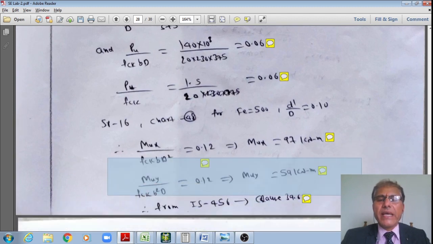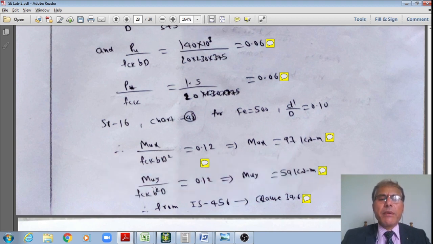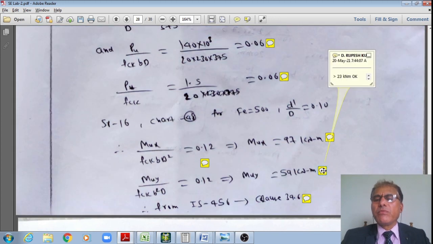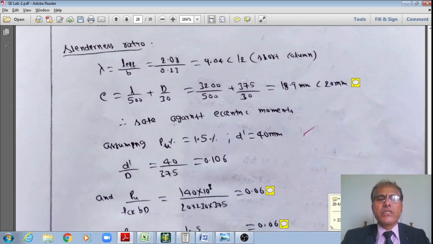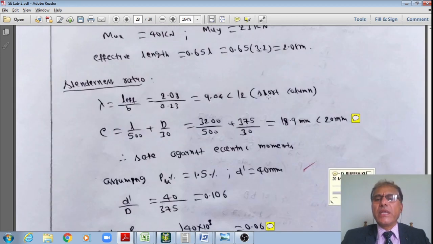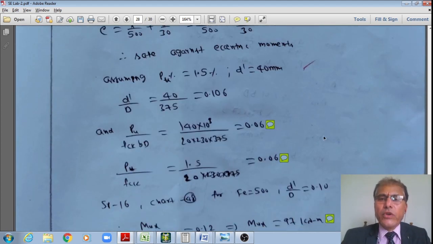Similarly, about the minor axis, MUY divided by fck bd square is approximately the same, 0.15. Therefore, MUY is equal to 0.15 multiplied by fck multiplied by 230 whole square multiplied by 375. You know this calculation, student. It works out to 58 kilonewton meter, but it is much more than the actual bending moment, which is just 23. Therefore, it is okay in individual checks.